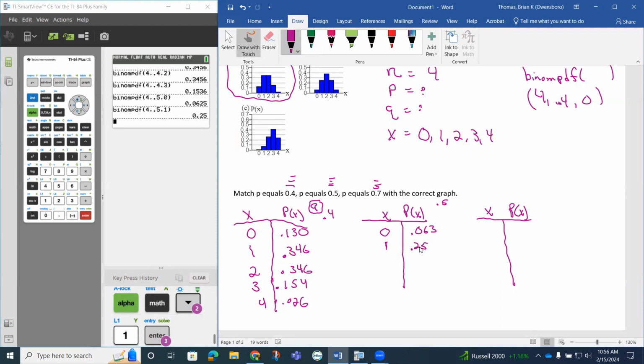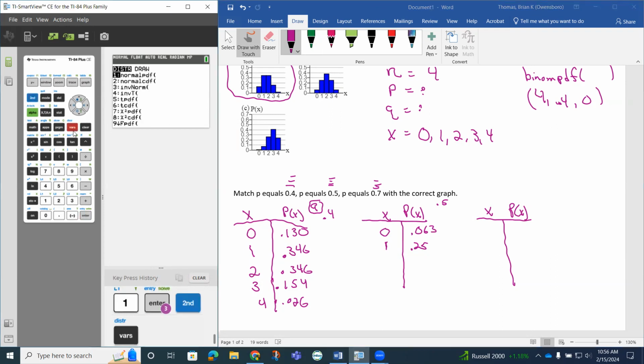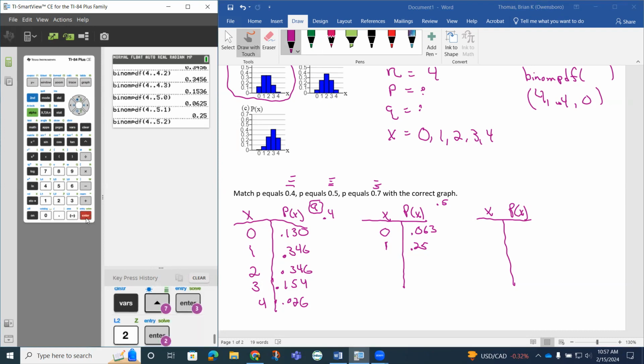And if we do that again, and now change it to 2. That gives us 0.375.